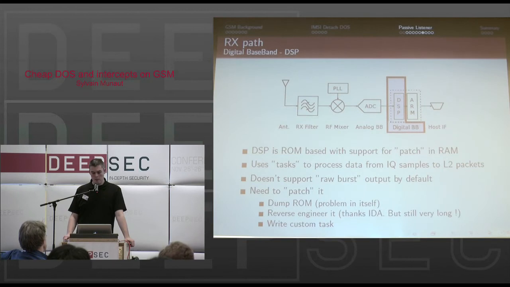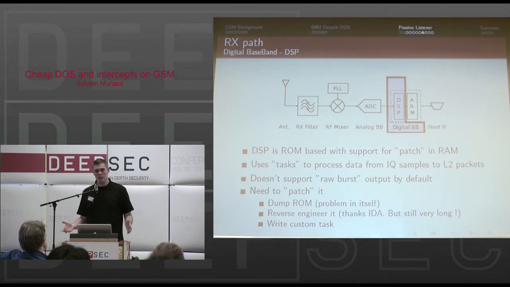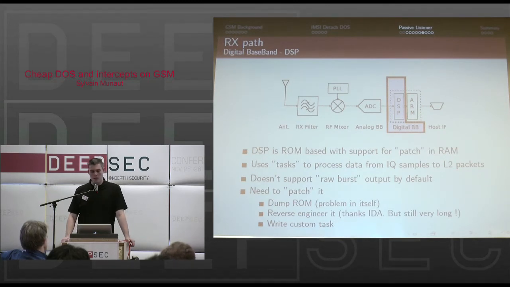Procedure is, well, simple, kinda. You just dump the ROM, which is in theory impossible. It's in theory copy protected, but you can work around that. And finally, you reverse engineer it, so you know how the ROM works. Hopefully, IDA supports it.